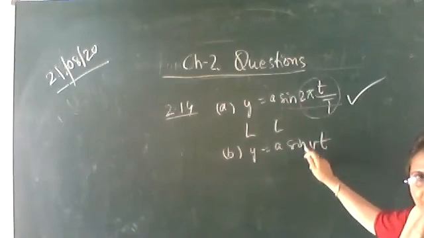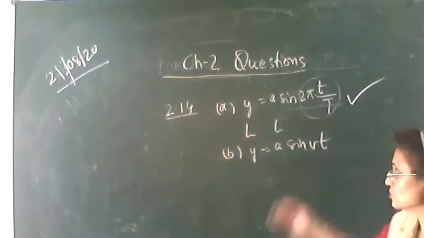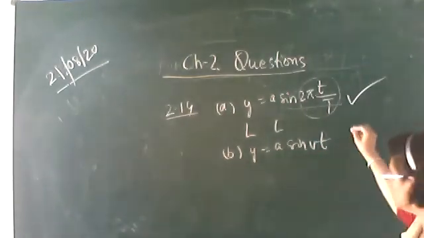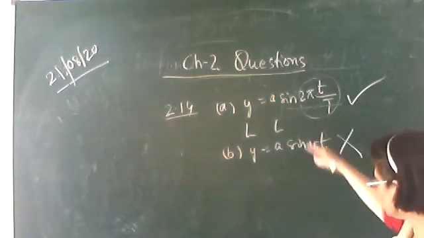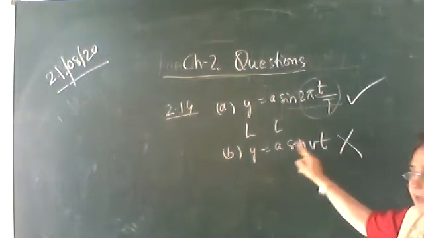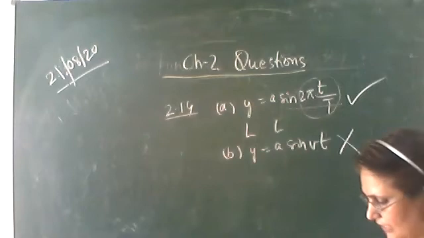L. So it means sine theta is not dimensionless. If sine theta is not dimensionless, the equation is incorrect. So this equation based on dimensions is incorrect because this sine theta should be dimensionless. Though here it is matching, L is equal to L, but this should be dimensionless. So this equation is dimensionally incorrect.